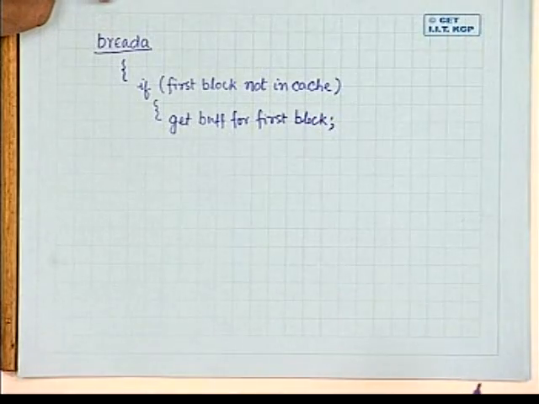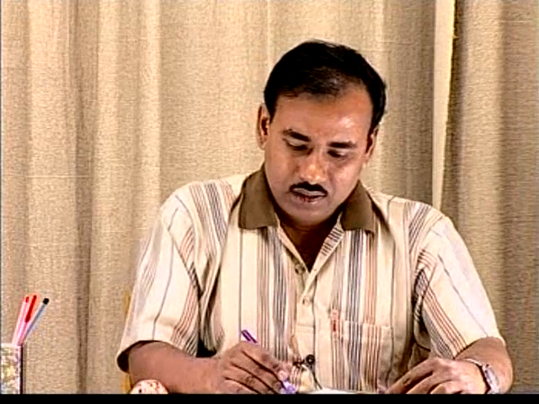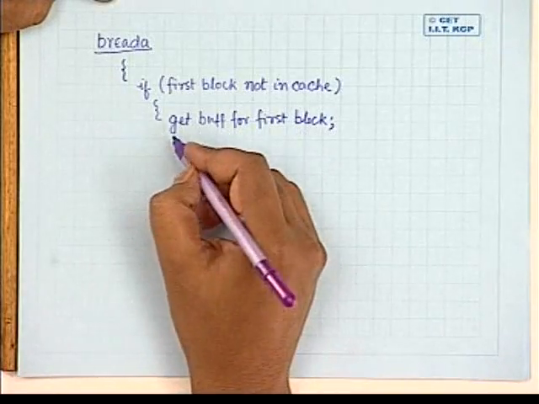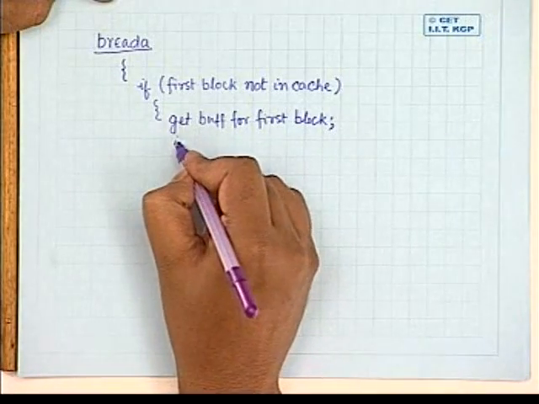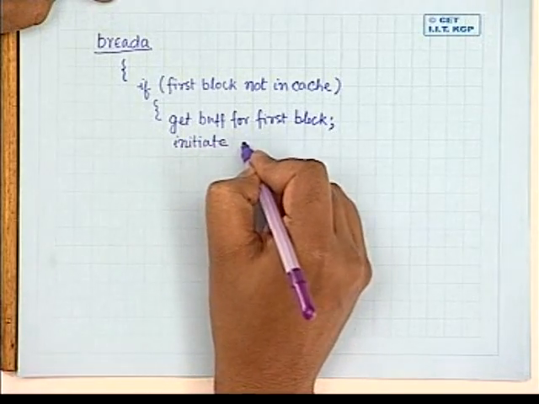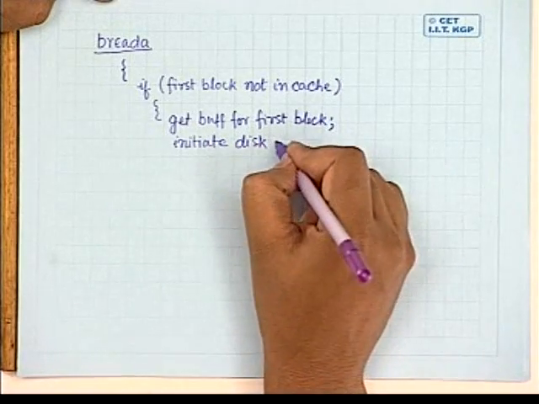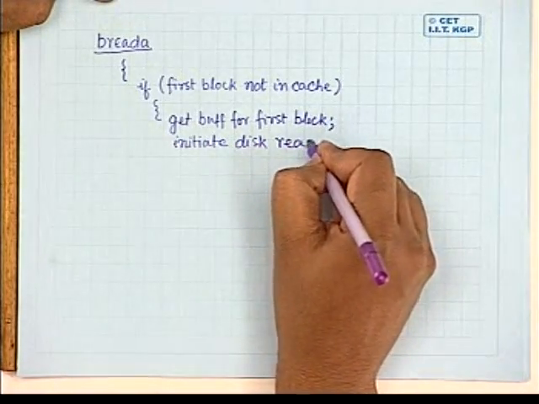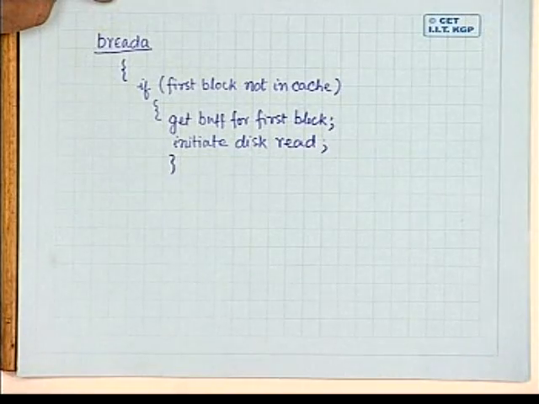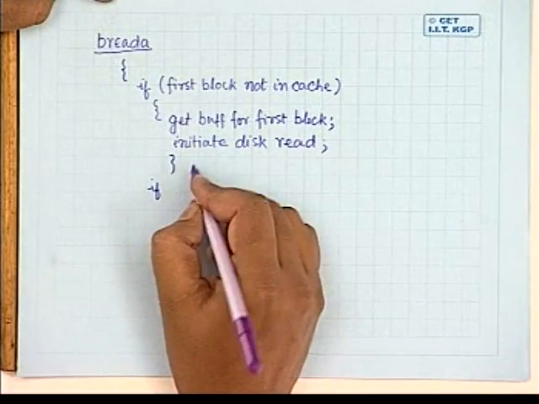Naturally, this is the get block operation that has to be done. After getting a buffer for this first block, you have to initiate disk read. In this case, the block that will be read is the first block. After that, you check whether the second block is available in the buffer or not.